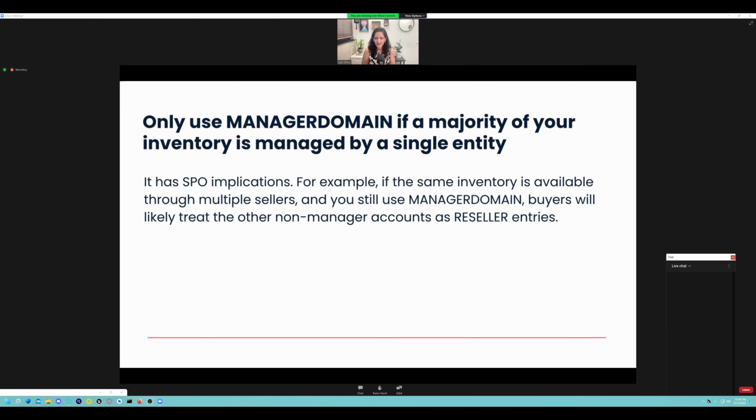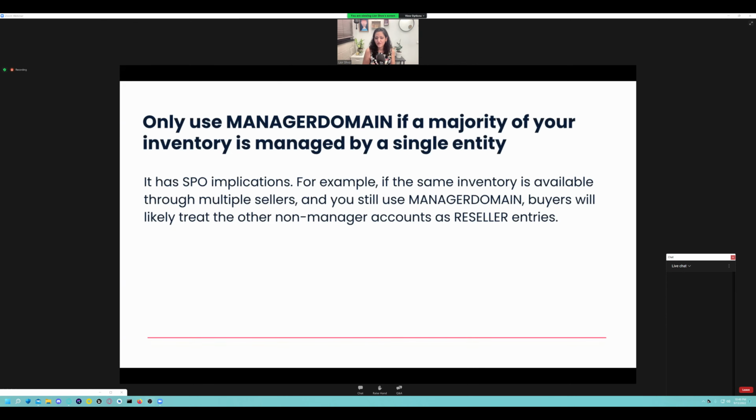So they're getting an ad call from, for example, the Magnite seat, and they're getting it from seller A and seller B. So the first thing they will check is whether this seller is the owner domain or the manager domain. And if they're getting multiple requests from others, they will probably treat the other non-manager accounts as reseller entries.